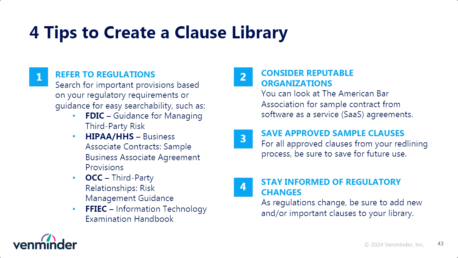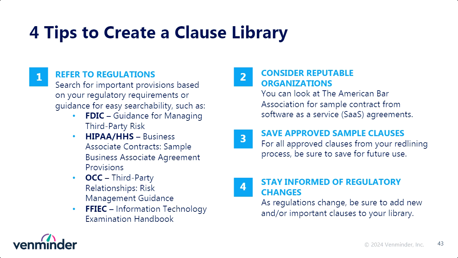The OCC, also the third-party relationships risk management guidance, will provide these contract language requirements, as well as the FFIEC Information Technology Examination Handbook, as well as the interagency guidelines, which is not mentioned on this slide. And there are likely others depending on the industry you are in and the regulations that you have to observe.